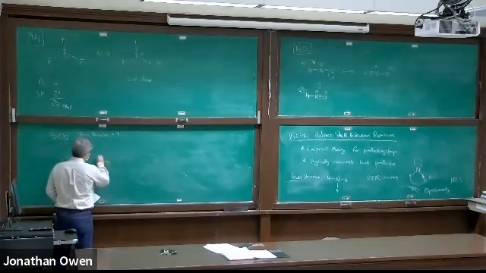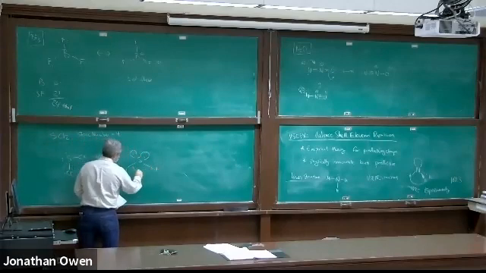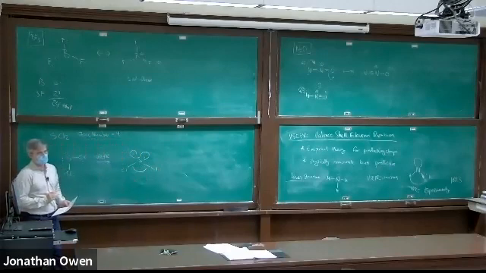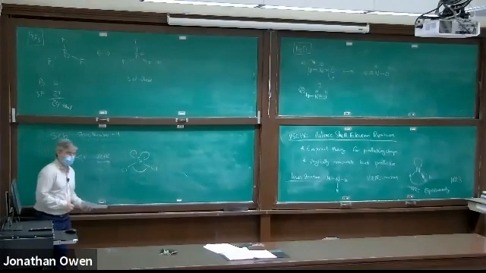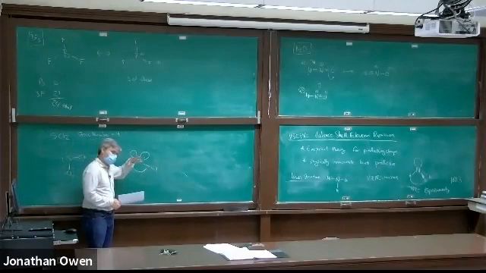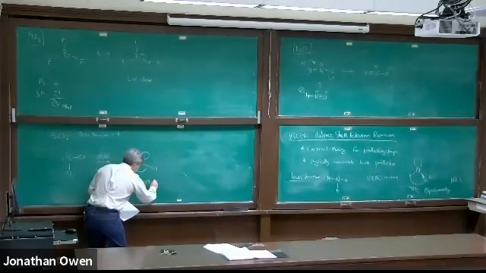So what's that angle? Well, it's the tetrahedral angle. Not quite. It's not quite the tetrahedral angle because lone pairs are bigger than bond pairs, so it's going to be a little squished. This is going to be less than 109.5 degrees.